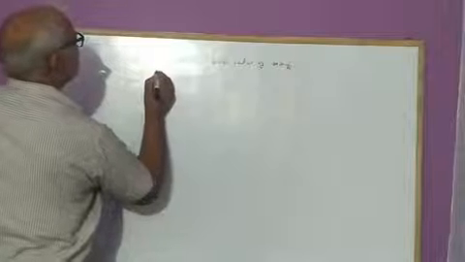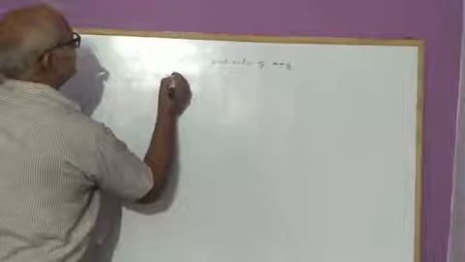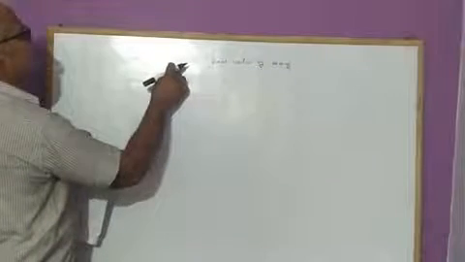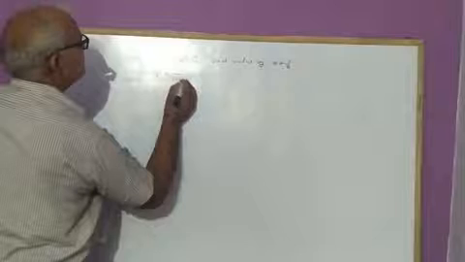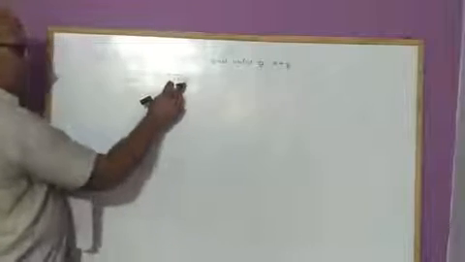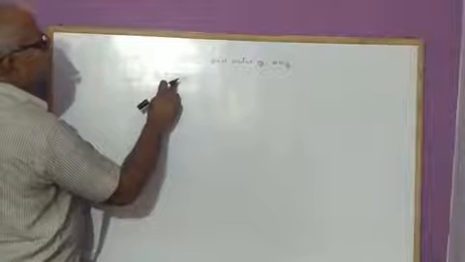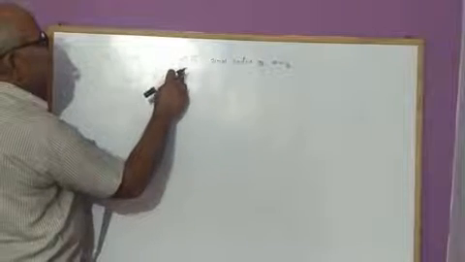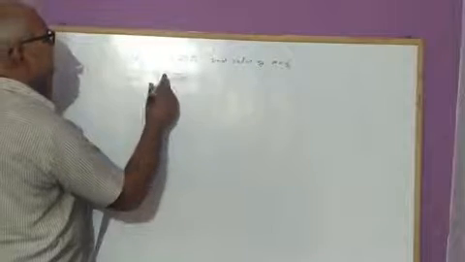Now the value of 1 by x is equal to 1 upon, substituting the value of x, 3 plus 2 root 2. Rationalize the denominator. You change the sign of the denominator and multiply both numerator and denominator.